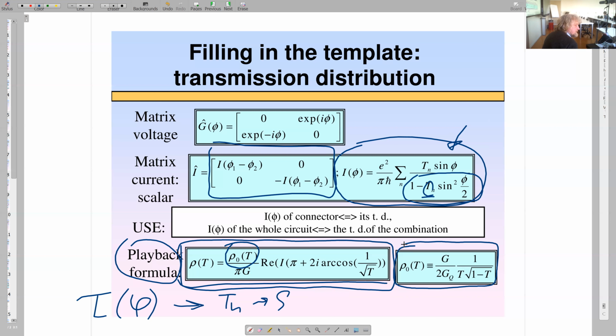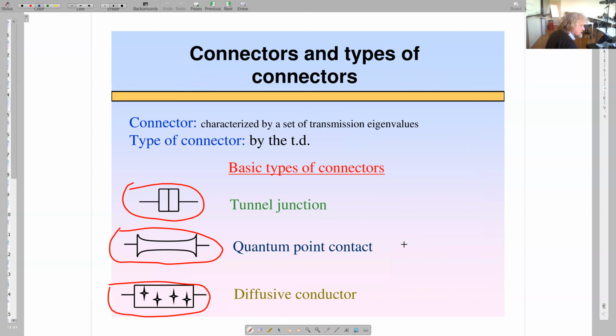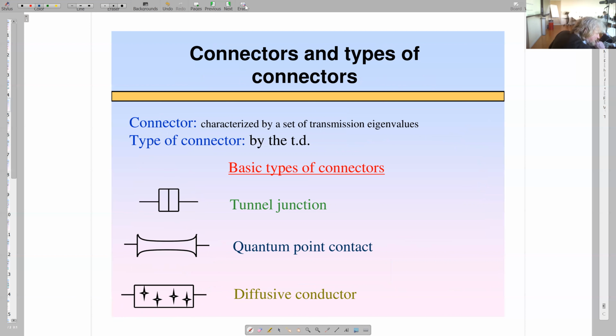Right. Okay, so how to use it to compute transmission distributions? We can start with some basic types of connectors which we know.